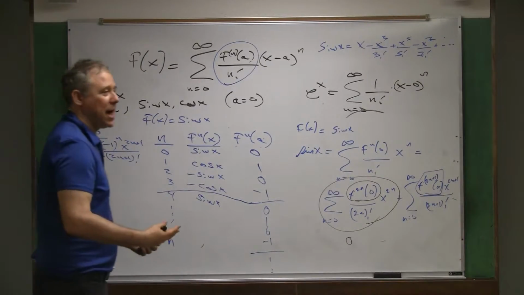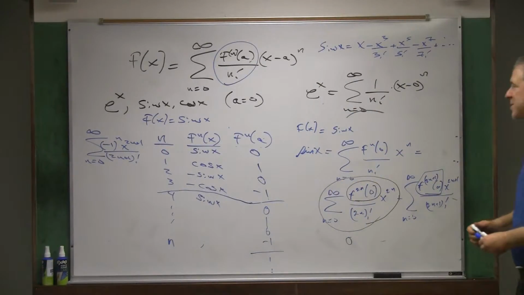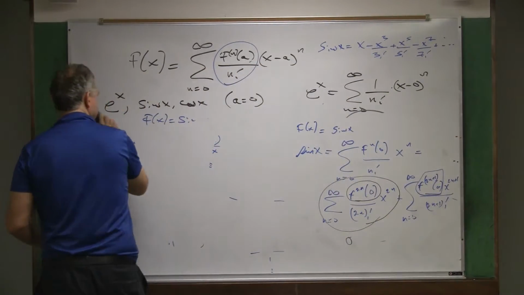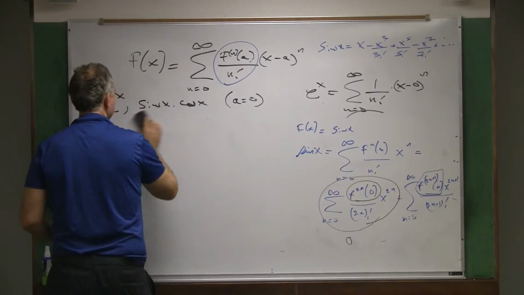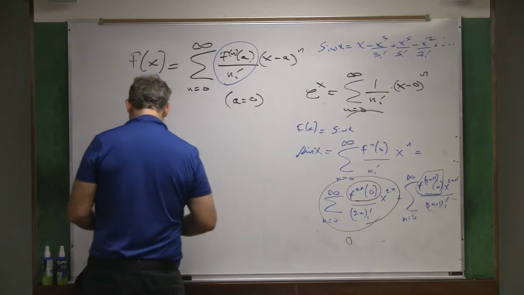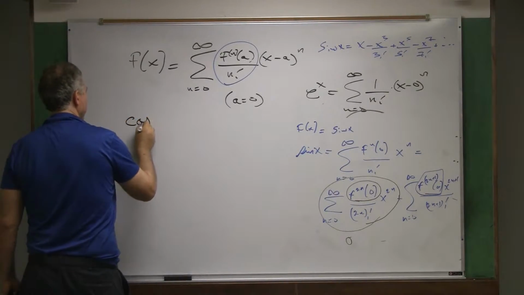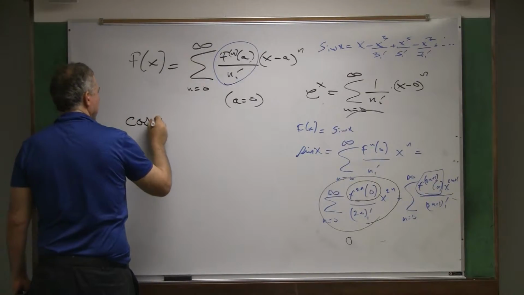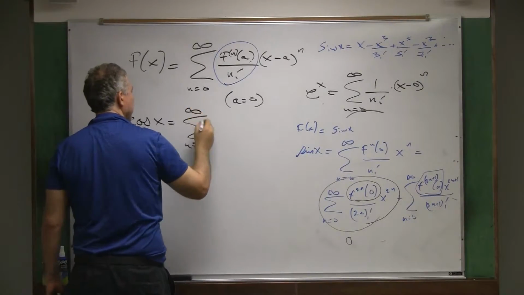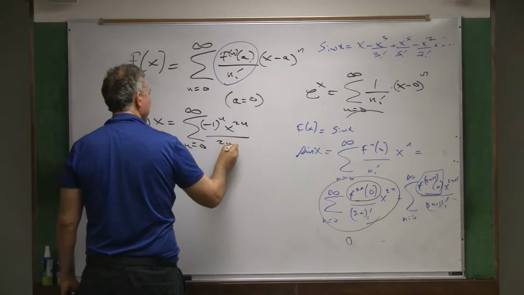So when you do cosine, you realize that the odds all fall off and the even powers stay. And that's exactly right. So cosine is going to be a sum from n equals 0 to infinity of alternating sign x to the 2n over 2n factorial.